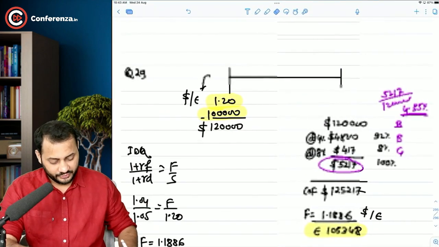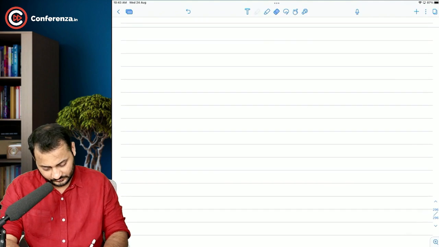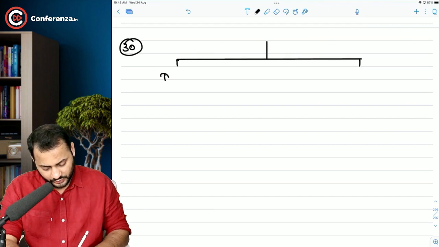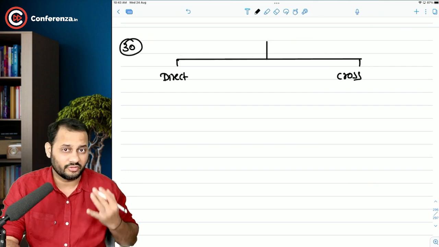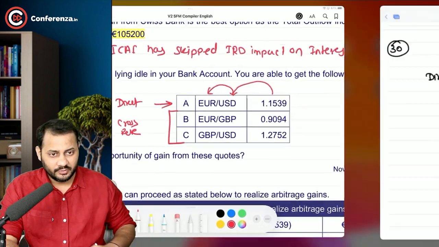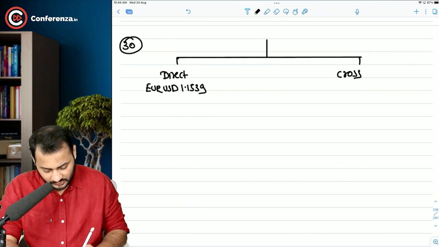Now let me show you how to start the arbitrage transaction. It's very easy, sir. Whenever you have been given such data, you should keep one rate direct and the second one has to be calculated in the form of a cross rate. So let's keep euro USD 1.1539 as it is.